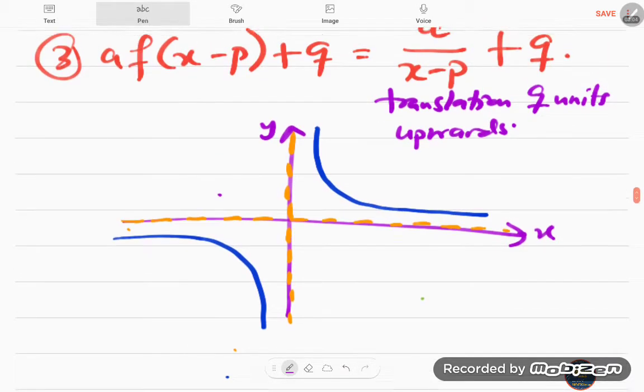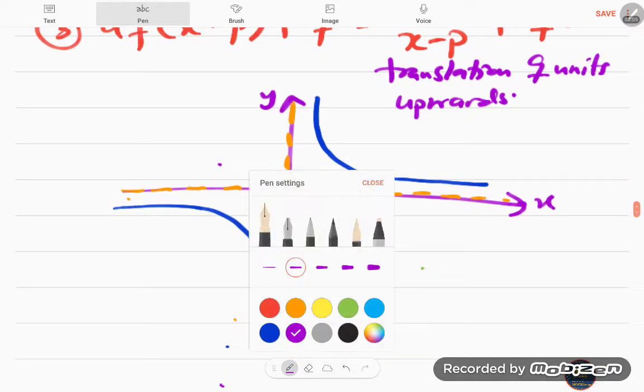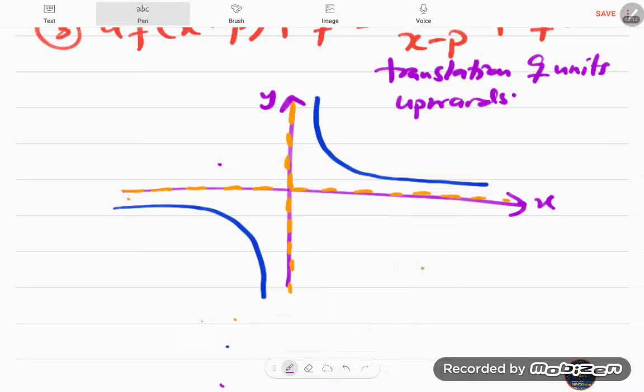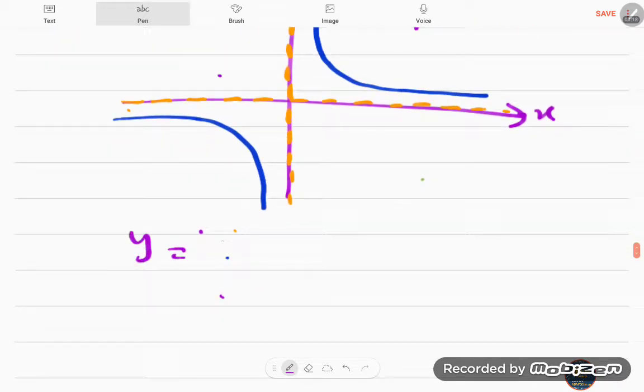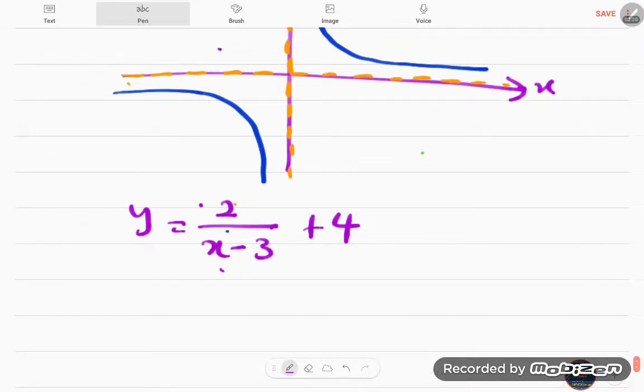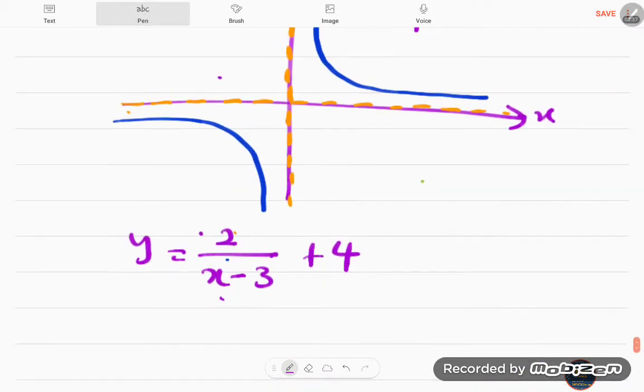And if we put numbers on a, p, and q, giving an example, let's say we have y is equal to 2 over x minus 3 plus 4. The first transformation is to shift your graph p units to the right, because it's a minus 3.